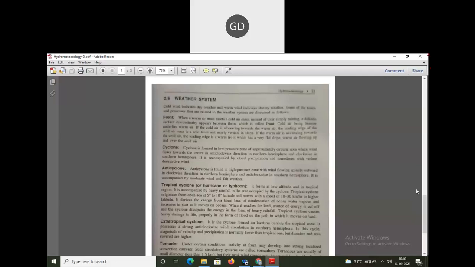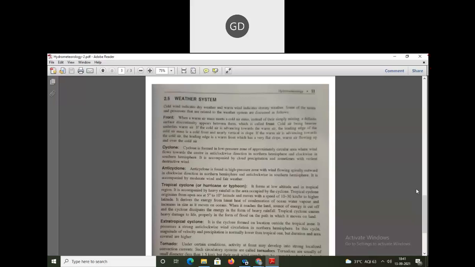And this tropical cyclone originates from the open sea. From the sea, the tropical cyclone originates at 5 to 10 degree latitude, and moves with a speed of 10 to 30 kilometers per hour to higher latitude. So basically, it originates from the open sea.